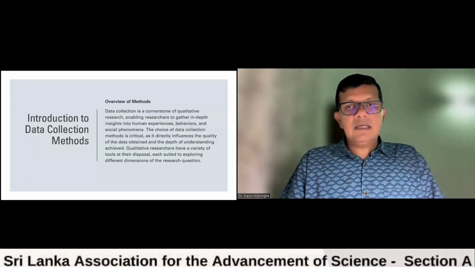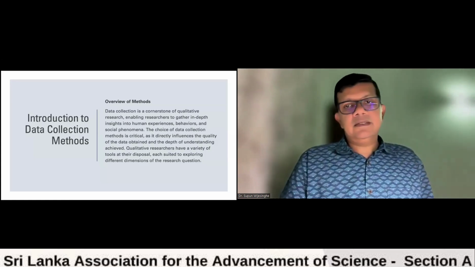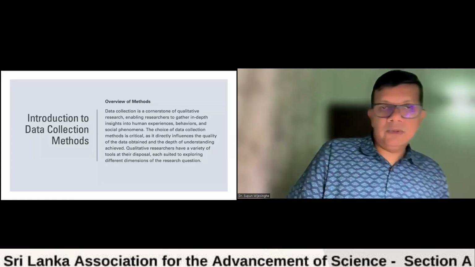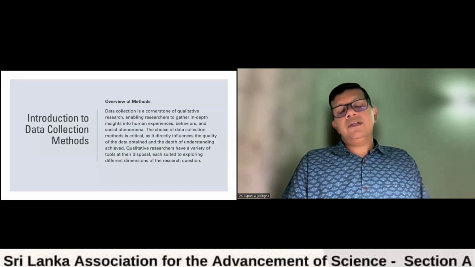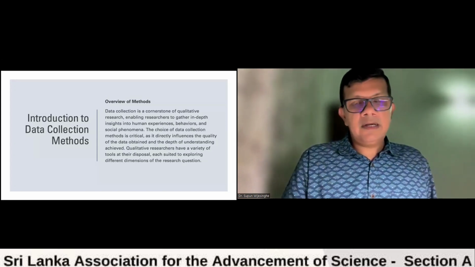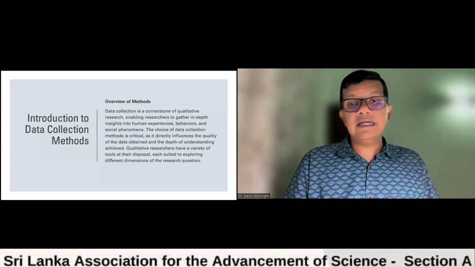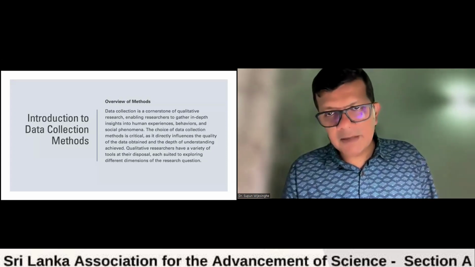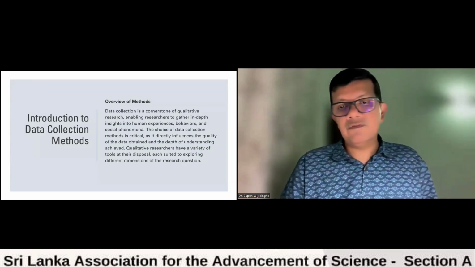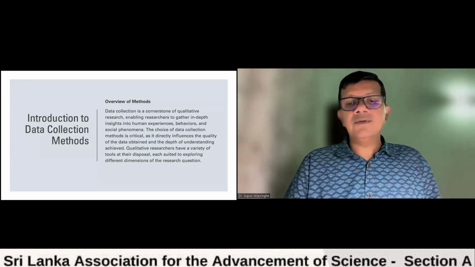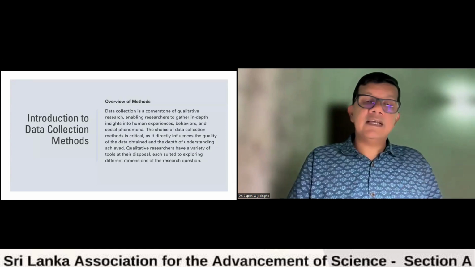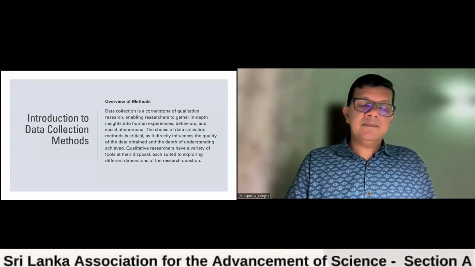Now we discussed earlier about data collection methods. It's a cornerstone of qualitative research. Unlike quantitative research, we have so many ways of collecting data because we are studying human behaviors, human experiences, and social phenomena. And we have a wide variety of data collection methods available.